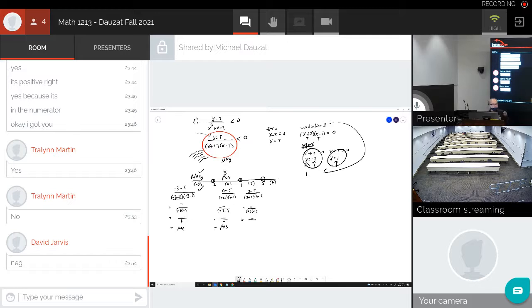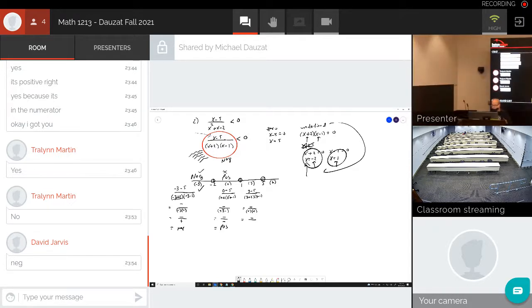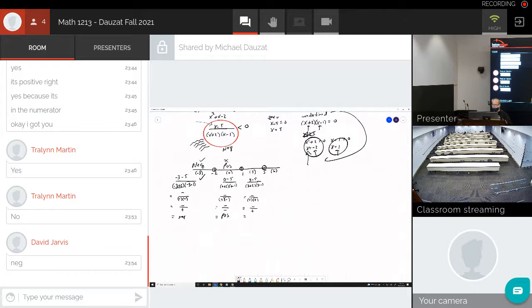The denominator, the 2 factors are multiplied together. Positive times a positive is a positive. And what's the negative divided by positive? Negative. So what I found is that any number in that third interval will make this rational expression a negative number.